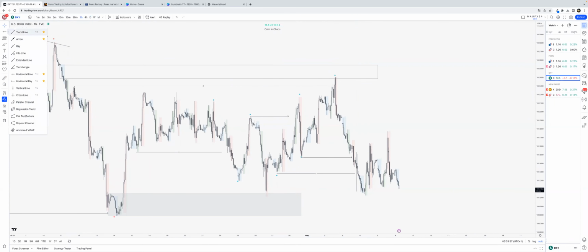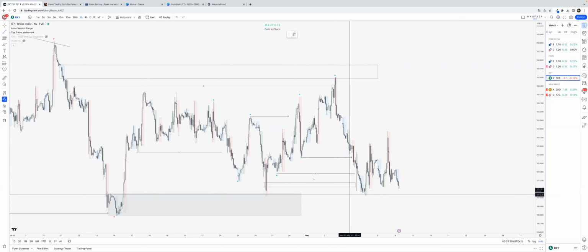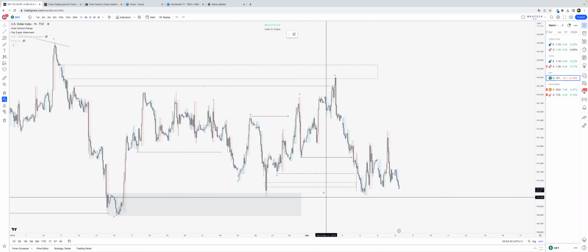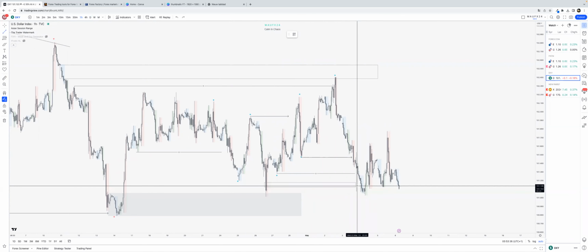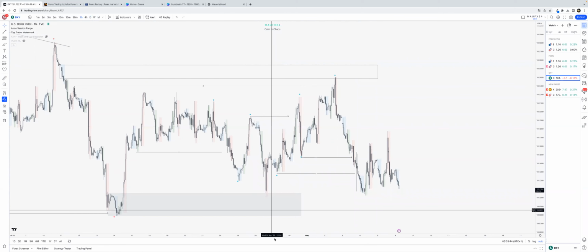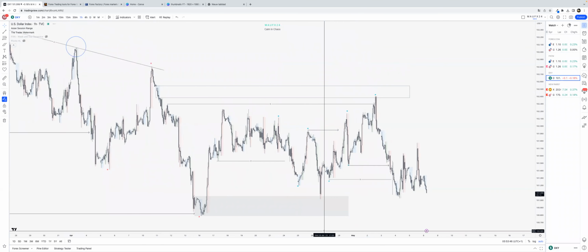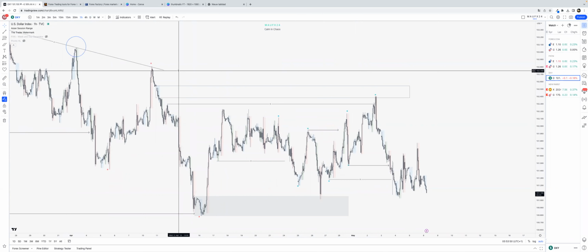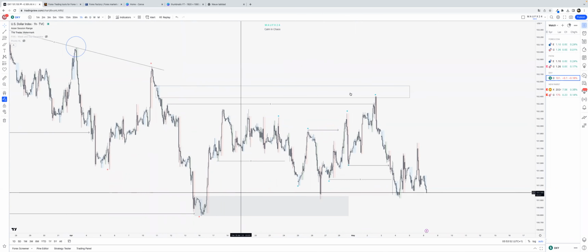But this thing I marked up before, where I said we might come down first and then continue up, well, it didn't respect the fair value gap. Sorry. But we did respect this range. However, we also respected this red range.